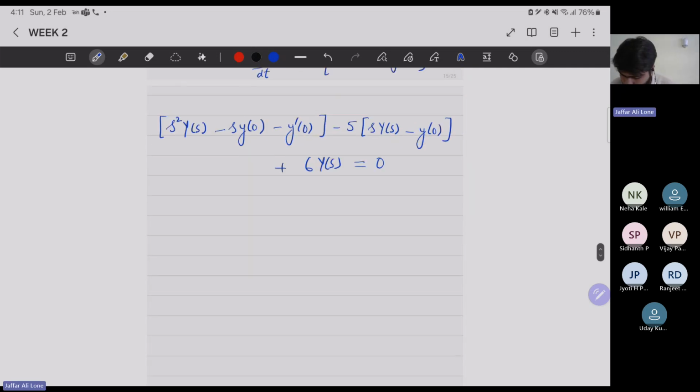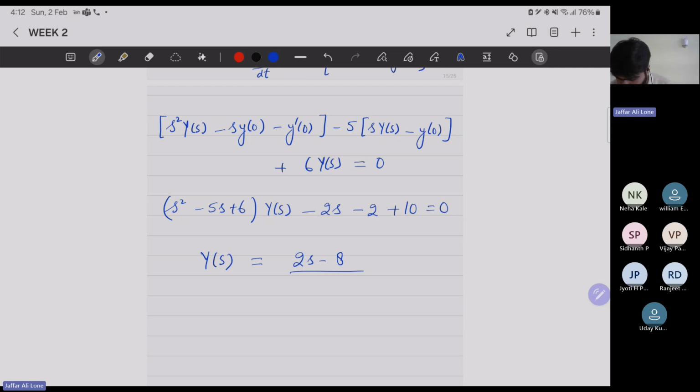On simplifying and putting in the values, we get (s squared minus 5s plus 6) Y(s) minus 2s minus 2 plus 10 equal to 0, or we can get Y(s) as (2s minus 8) divided by (s squared minus 5s plus 6).